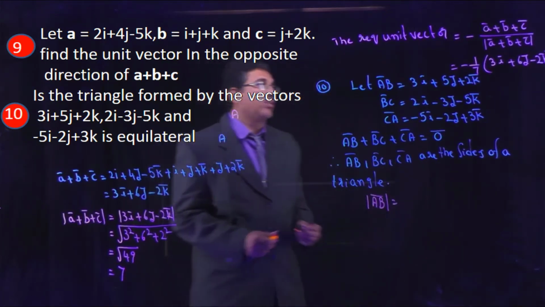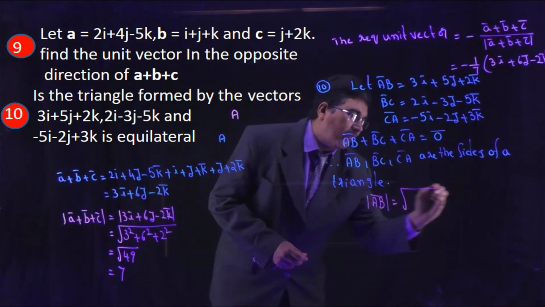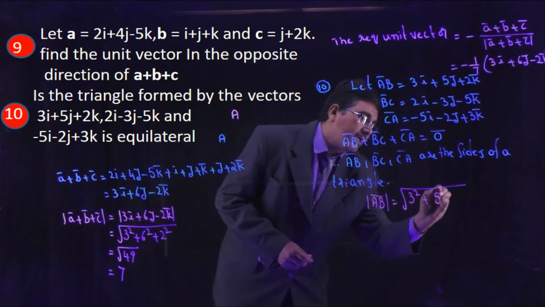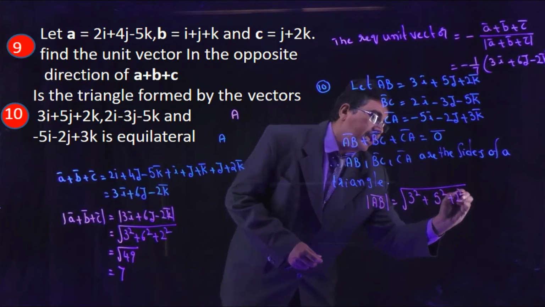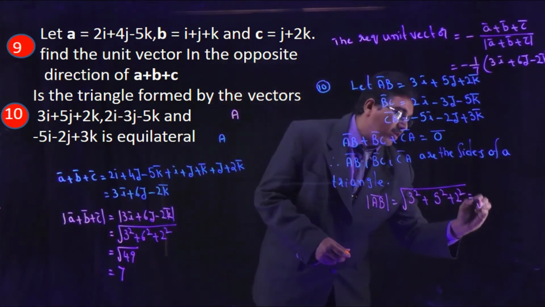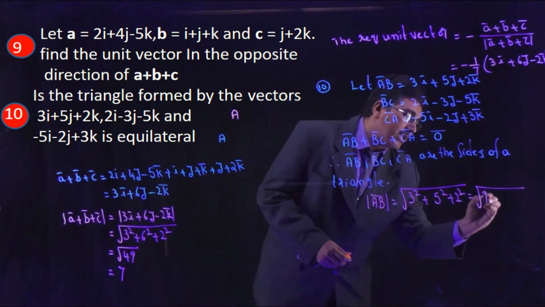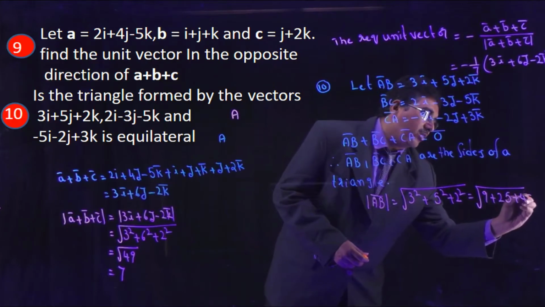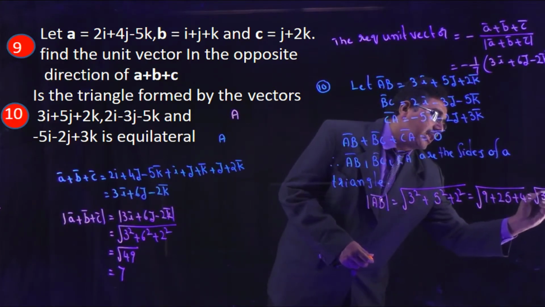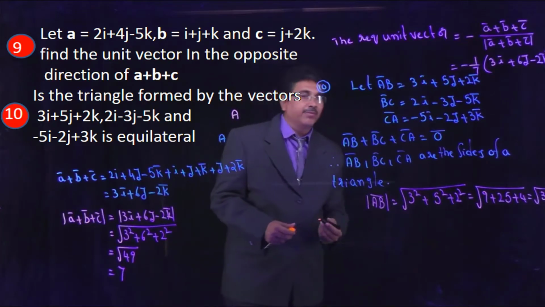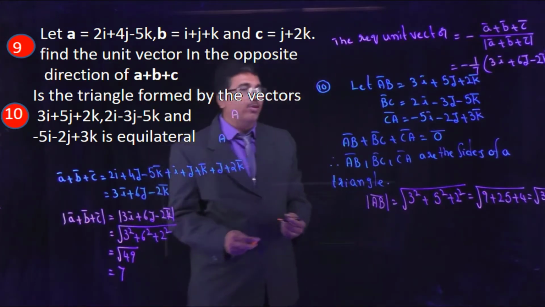That is equal to square root of 3 square plus 5 square plus 2 square, that is square root of 9 plus 25 plus 4, which is root 38. That is mod AB bar.